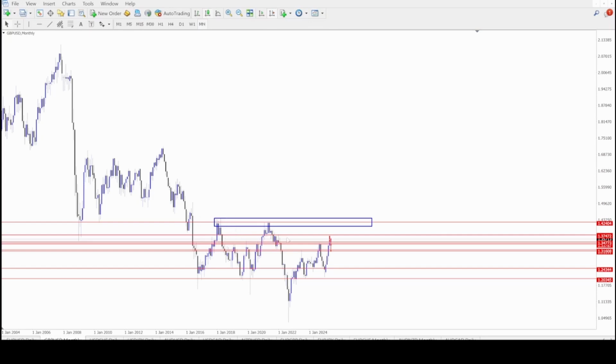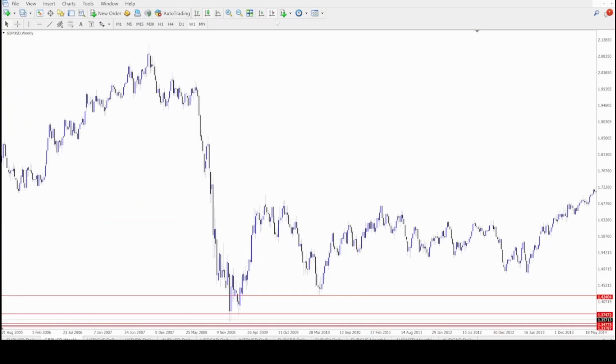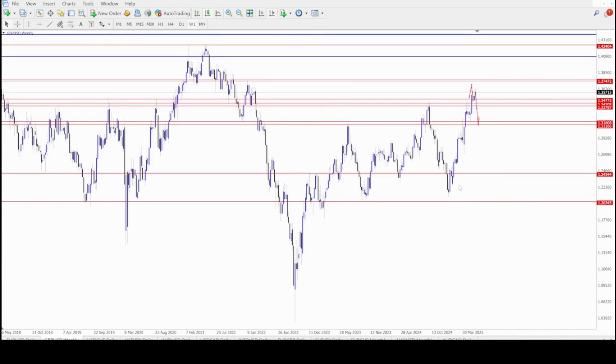This lower high here, and the market has not broken above that high. And then we see this break below this low, so it's very difficult for me to just decide that it is a bullish market. So for now, I'm still very indecisive as to the trend of the market. This is the weekly, the same idea.